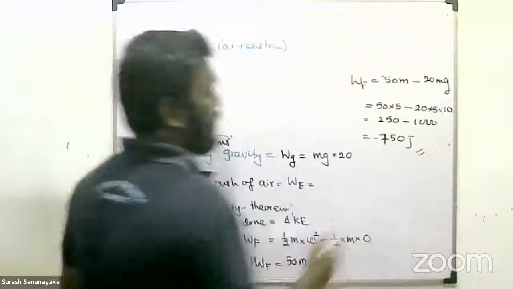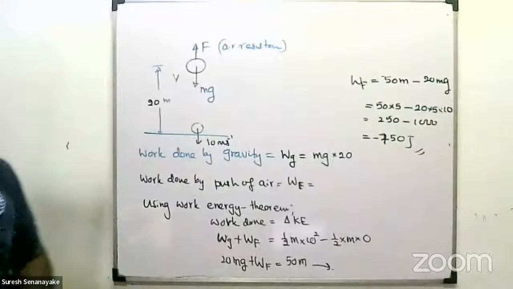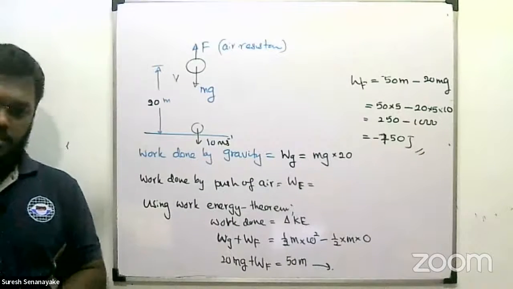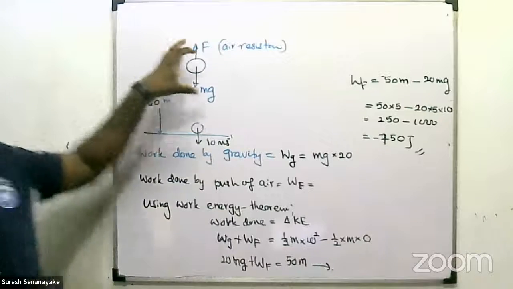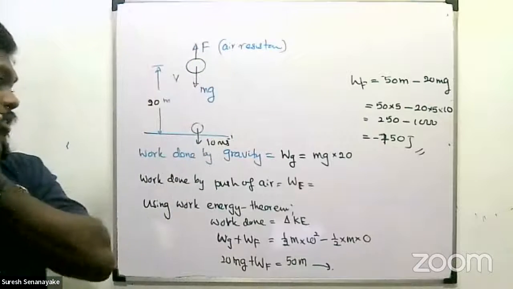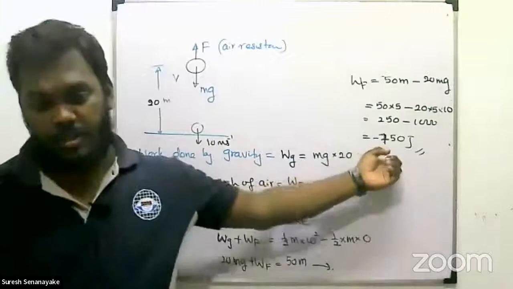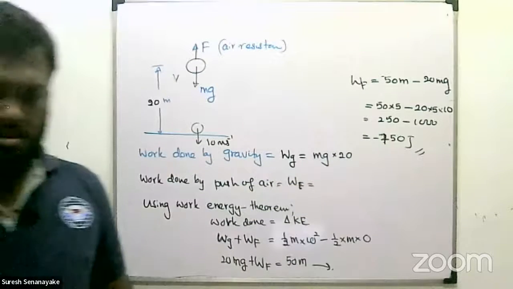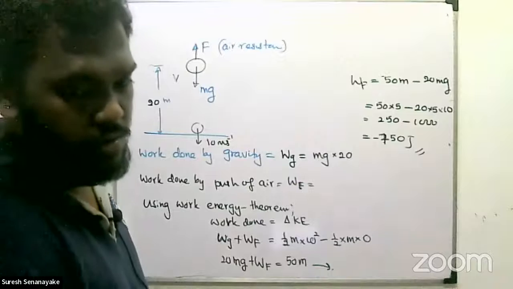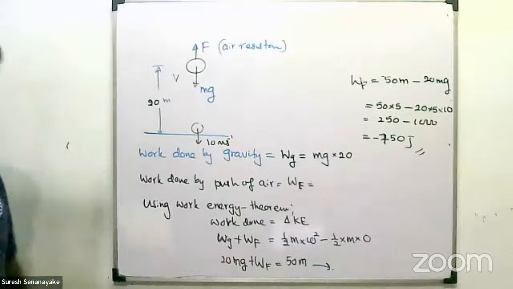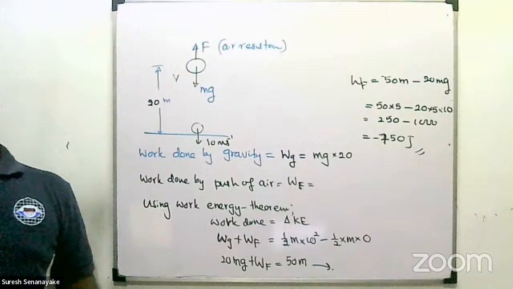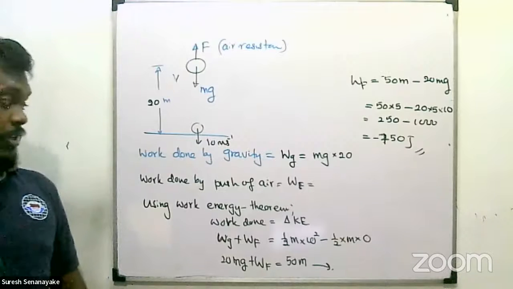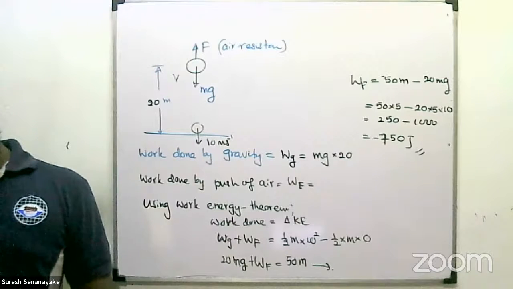Why is it minus? Because that work is done against the air force. The resistance is opposite to the direction of motion. So that's why it's minus. So 750 joules of work is done by the, sorry, that is the air resistance, the push of air.